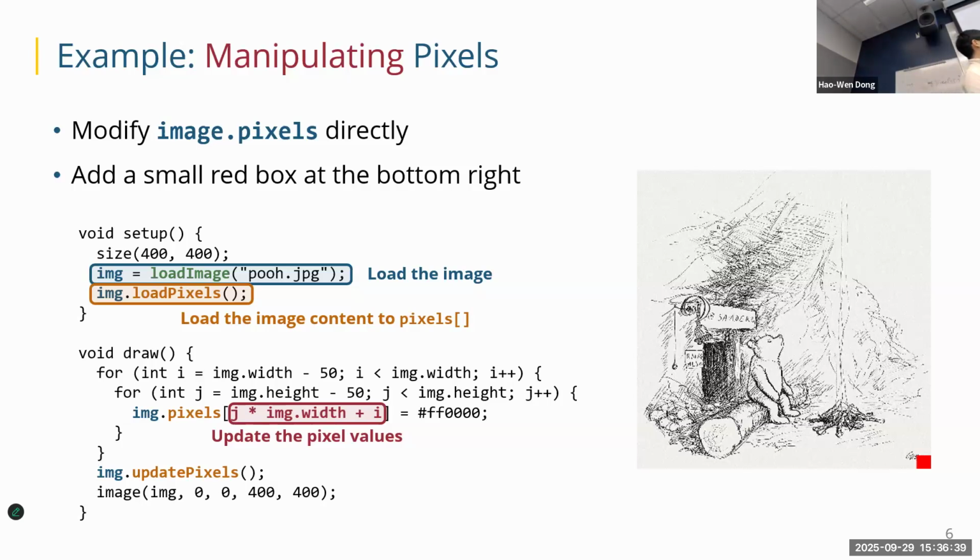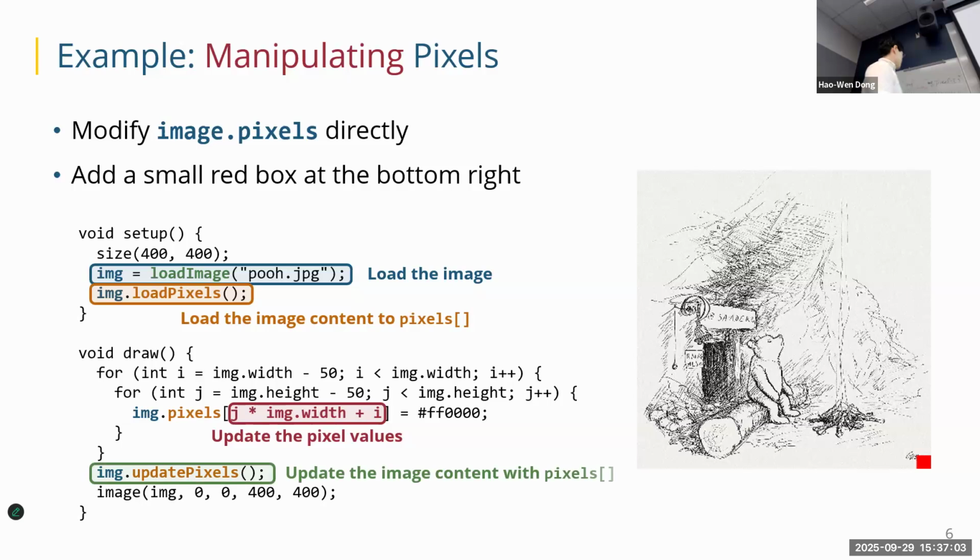Everything in between would be FF0000, which is RGB. R is FF, the maximum value, 255. G will be 0, B will be 0. So this is just for red. This will update the pixels at the bottom right into red.